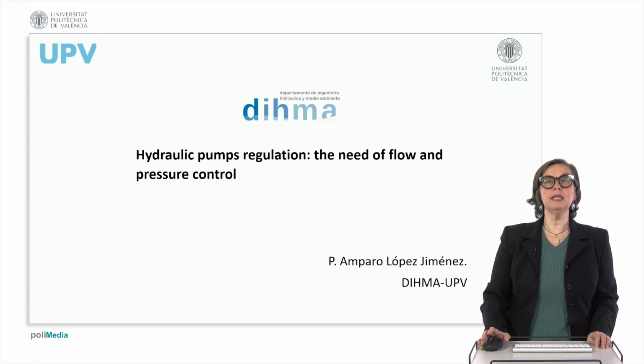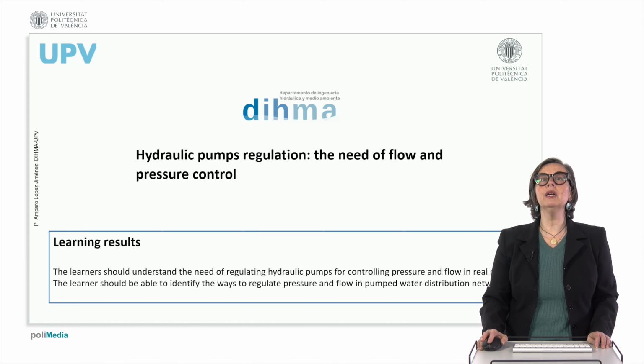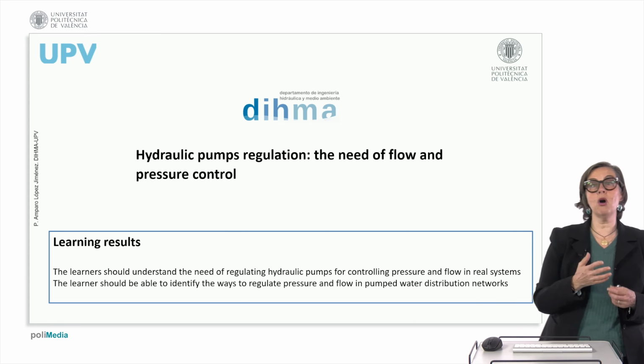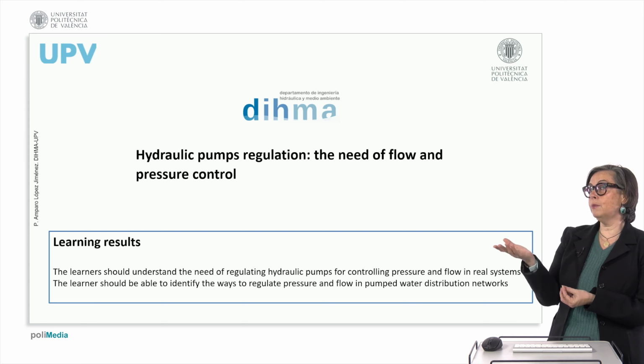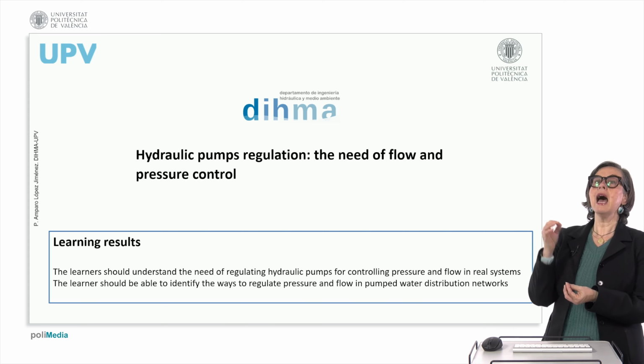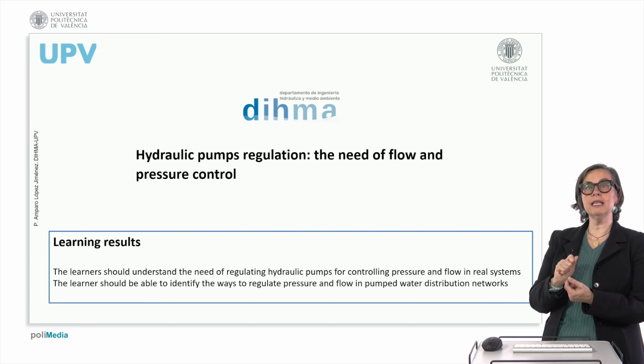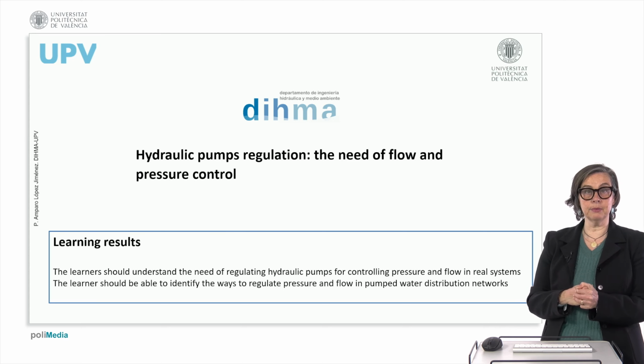Why do we need to regulate, to control flow and pressure across a particular facility? When we finish, we will have learned to understand this need of regulation in a system of hydraulic pumps in real networks, and we will identify the ways to regulate this pressure and this flow across pumped distribution networks in real systems.